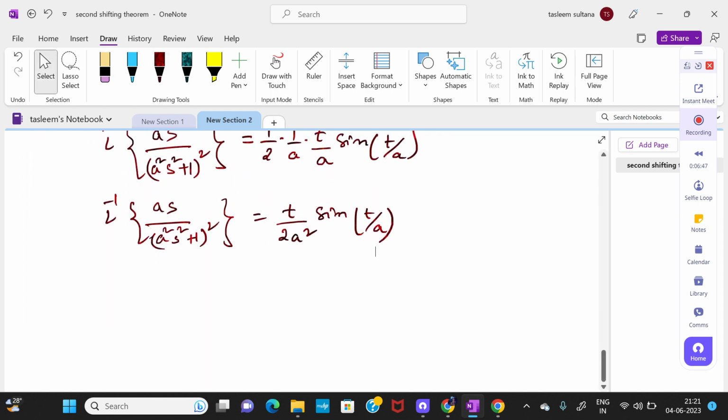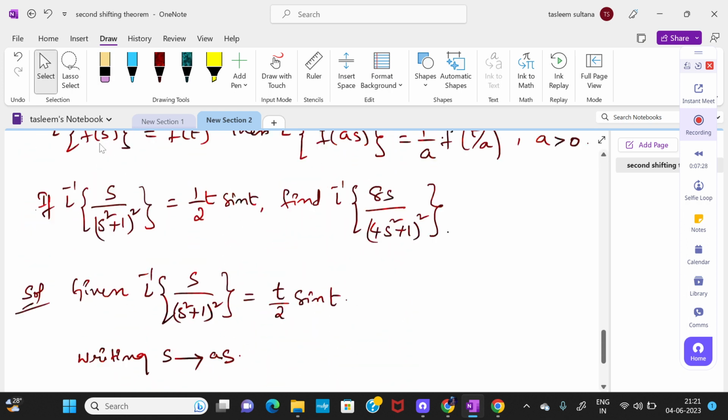So I will take this 2a on this side. Now compare it with your given one.